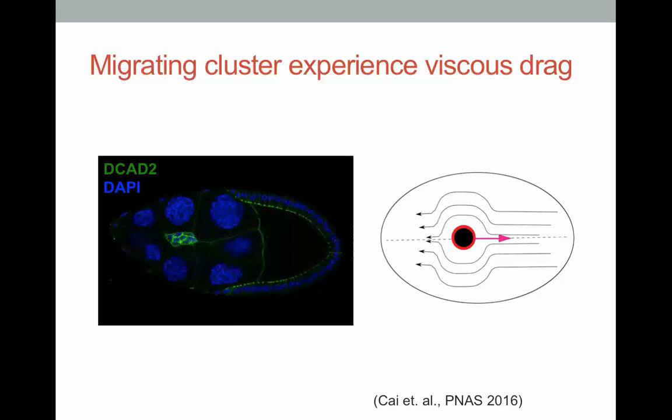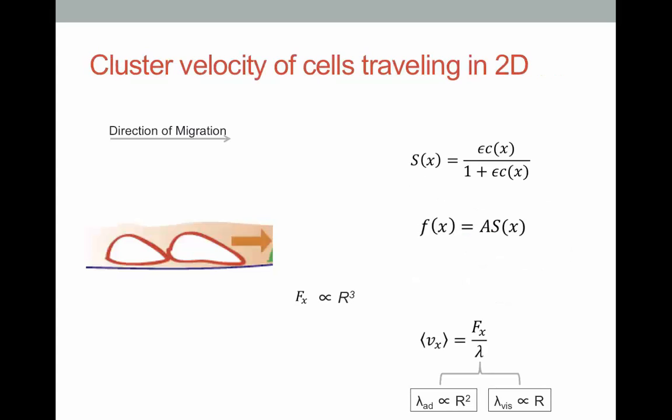So this result is really interesting compared with cells traveling in a 2D environment, which is the case where people usually look at cell migration, where they plate the cells on a cell culture dish, because this size-speed correlation was not reported before. As you can see here, the response function and force are still here, but since we have one less dimension, the total force now corresponds to r squared.